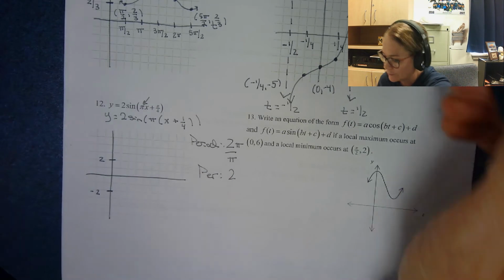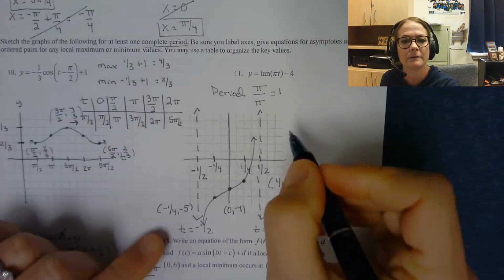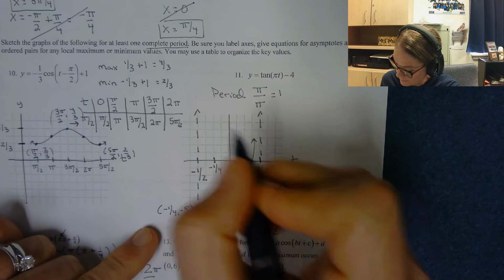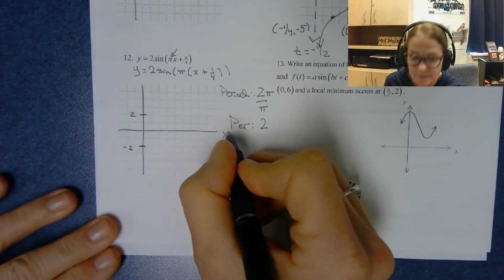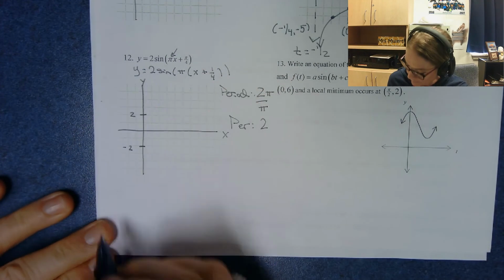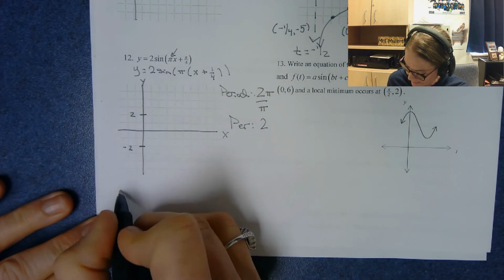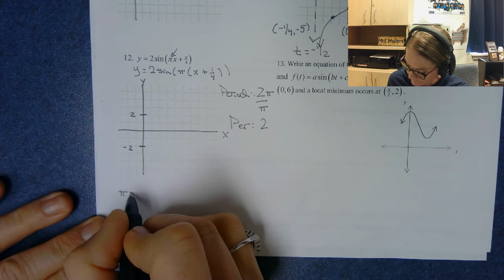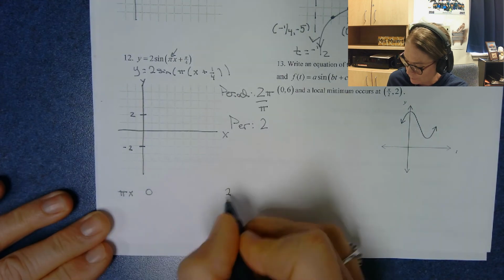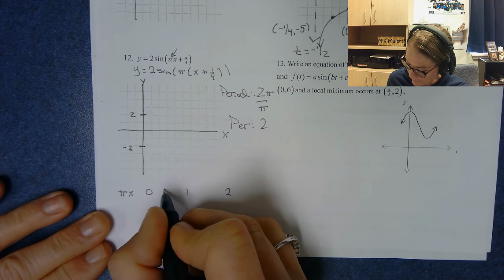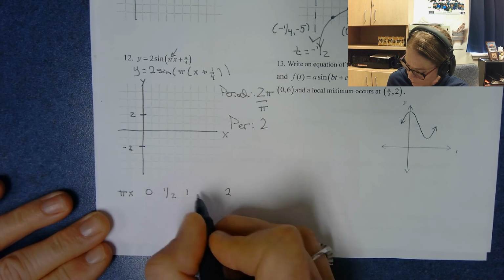This one, let's actually go back and label this. This is t, this is y, and this one is x, and this is y. Okay, so let's do a pi x. 0 to 2, halfway, a quarter, and 3/4.